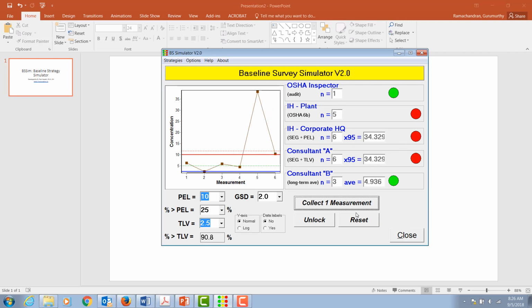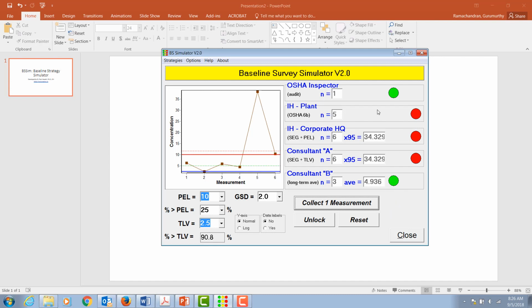And then finally, both these other 2 strategies, the corporate IH strategy and consultant A who uses a TLV, have also declared this to be an unacceptable scenario, shown by the red button here.